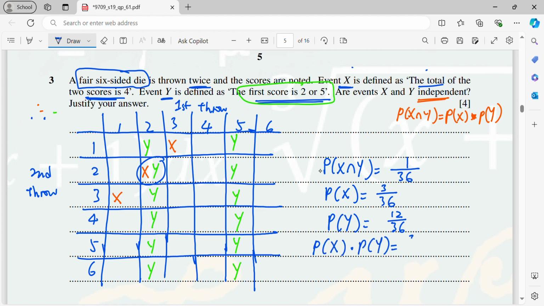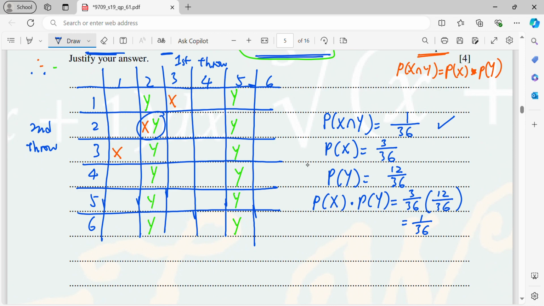This is going to be 3 over 36 times 12 over 36. And you will be getting 1 over 36. So 1 over 36 is same as the intersection probability. Right?